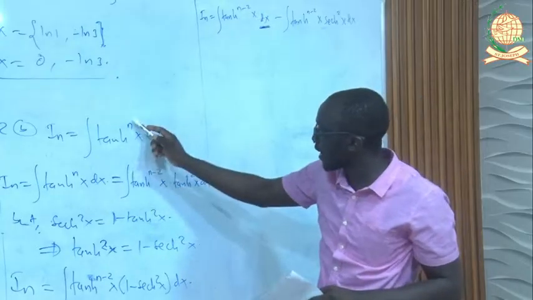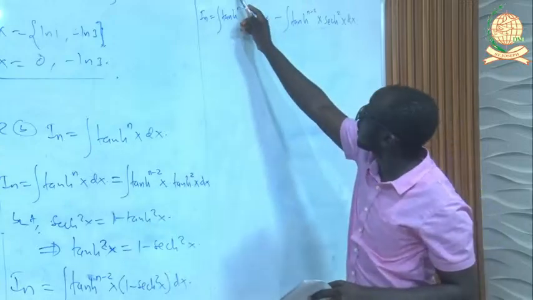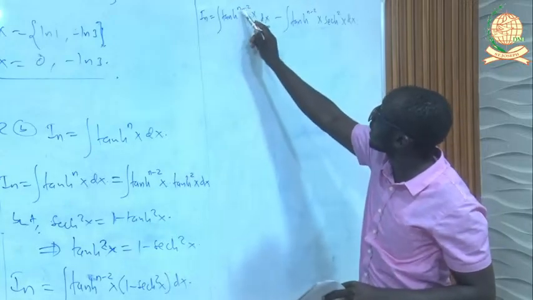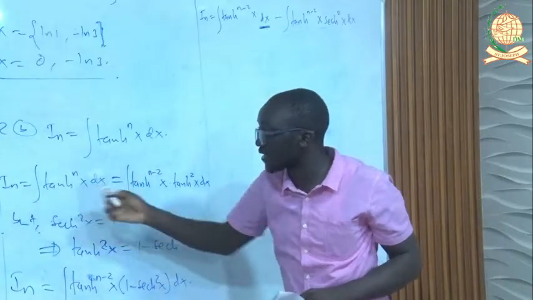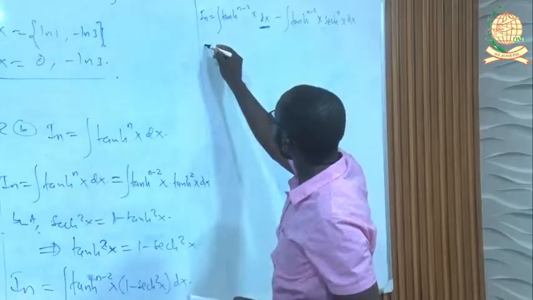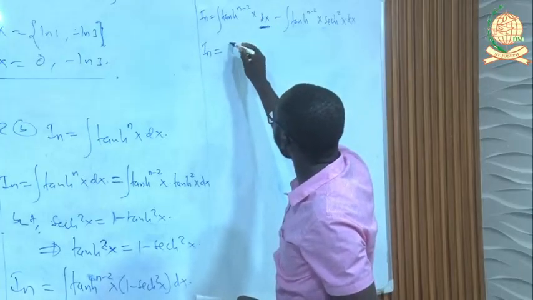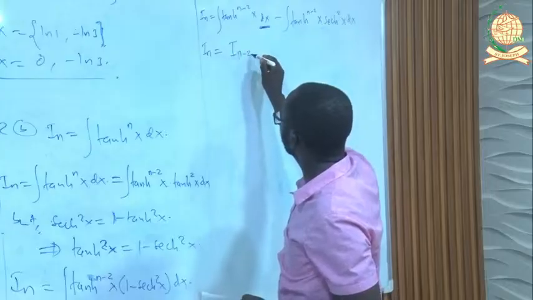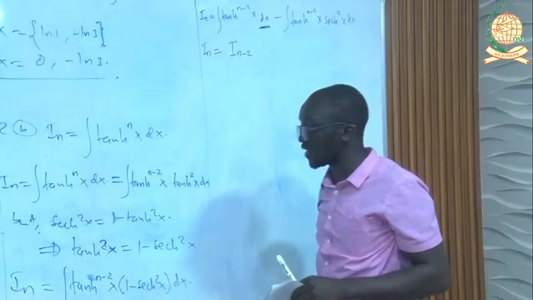So if tangent power n x dx was called I n, then you can see how you can name this one. This is tangent power n minus 2 x dx. So what is here as the exponent could be the subscript of the integral. So we could name this one I n on the left hand side, but this one you could name it as I n minus 2, because what should come here, the subscript, is the power of the integrand.